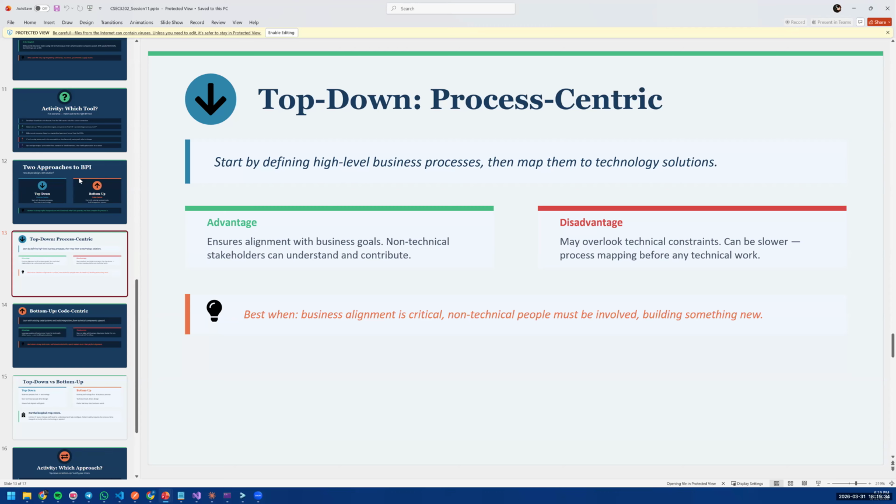That would be an example of it not being feasible. But yeah, that's thinking about it from a process-centric standpoint. All right.